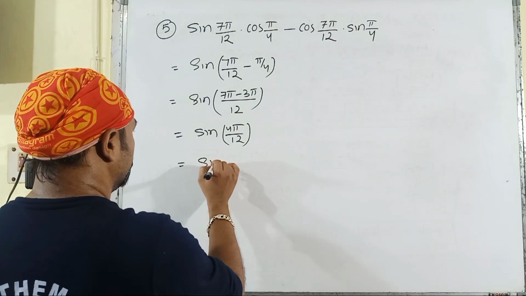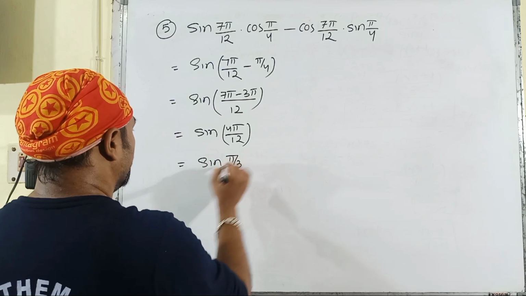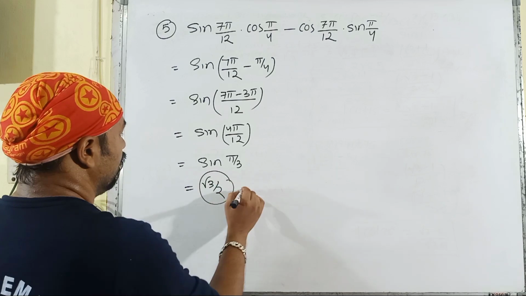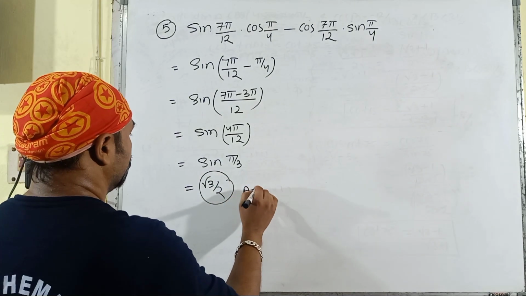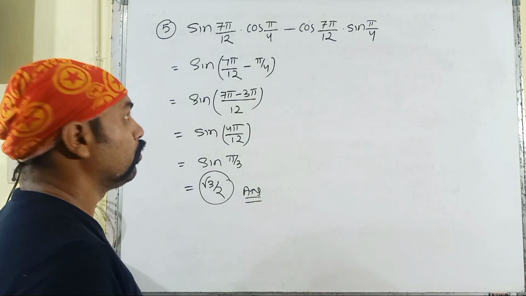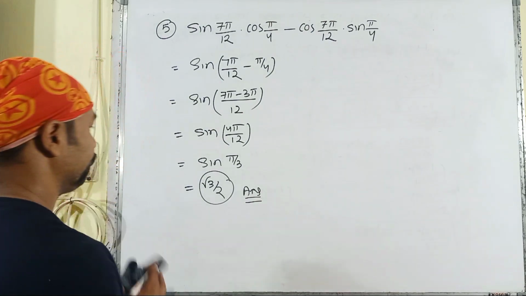That means it is sin π/3, and the value of sin π/3 is equal to root 3 by 2. And here it is the answer for the given problem number 5. Then moving to the problem number 6.